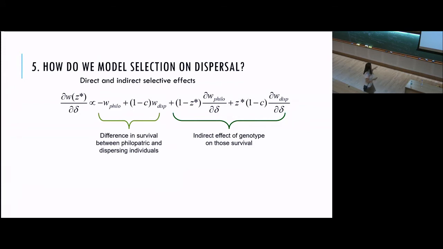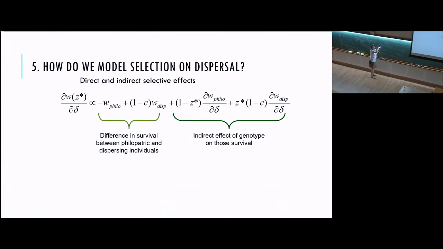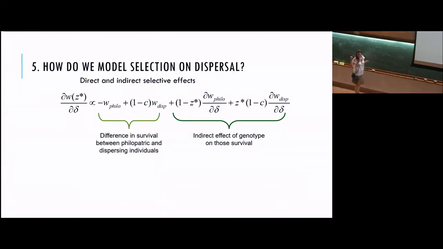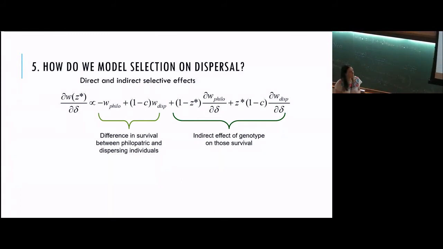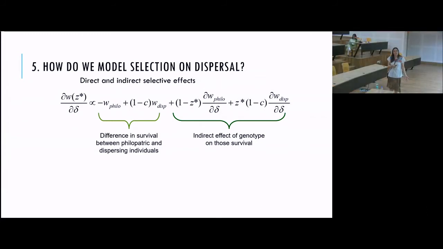But this equation is true for any genotype. It's just that here I take this derivative for a focal individual with a little m allele. Okay? So this first part is part of every model of dispersal evolution.